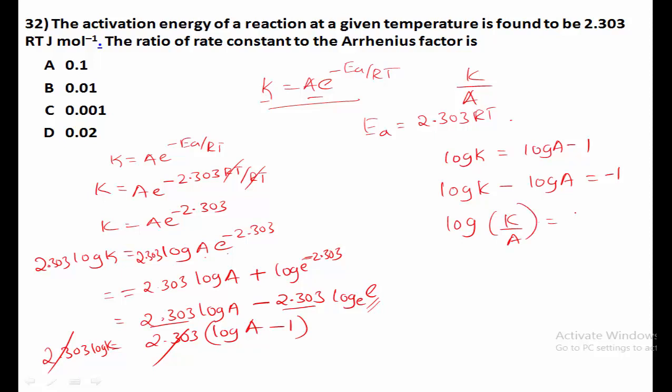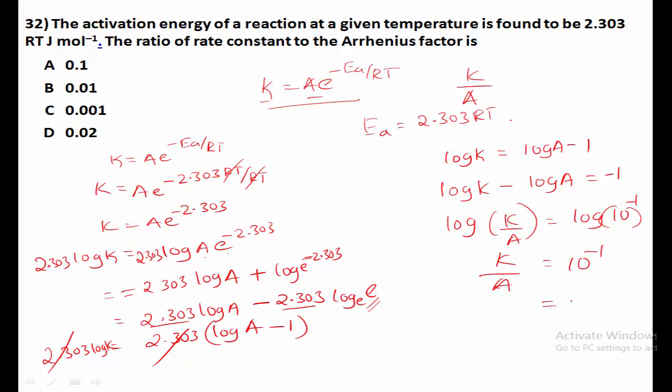This minus 1 can be written as log of 10 raised to minus 1. So log gets cancelled, and K by A is equal to 10 raised to minus 1.